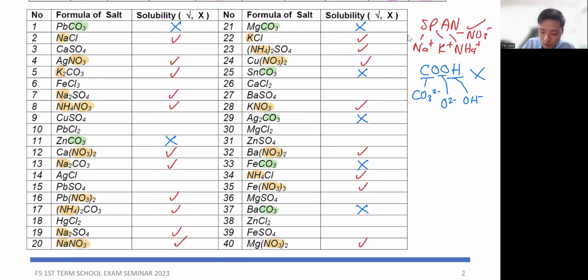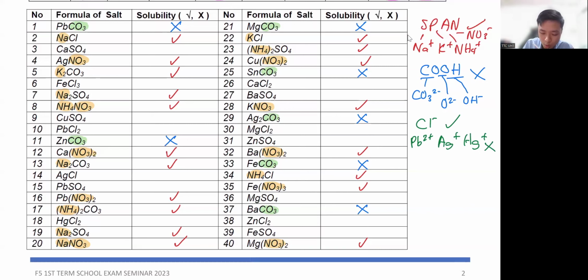Move on. The other one is Cl minus. Cl minus all are soluble except three: Pb, Ag, Hg. All these are insoluble when they meet Cl minus.